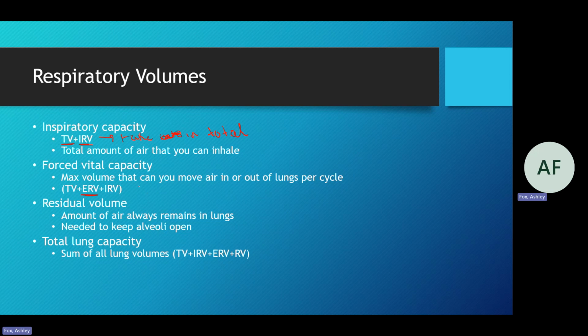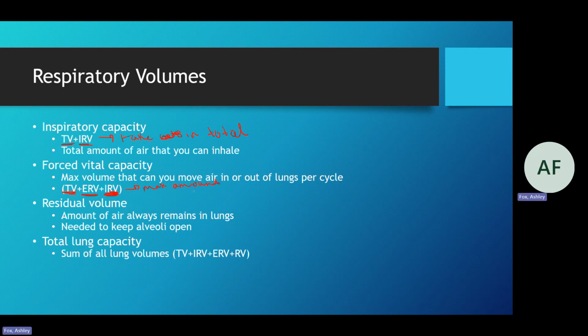So the total amount that you can get in and the total amount you can get out, absolutely, nothing past that. So it's your tidal volume plus your expiratory reserve volume and your inspiratory reserve volume. This is the max amount of air you can move. You can't move any air past this. Normal breath, how much extra you can get out and how much extra you can get in.